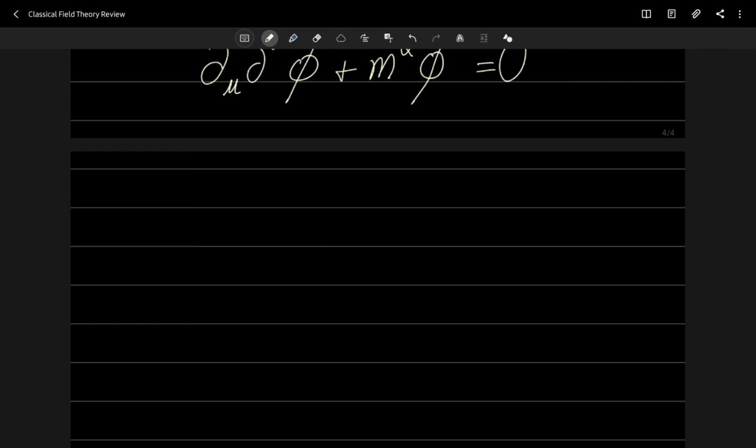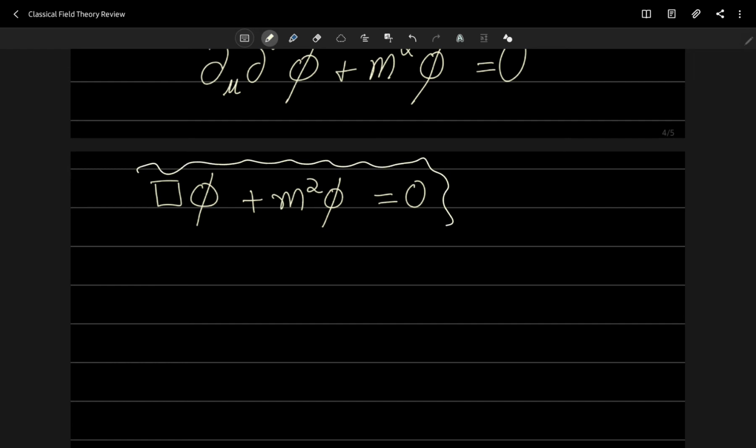This can be written in terms of the D'Alembert operator: D'Alembert of phi plus m squared phi equals 0.